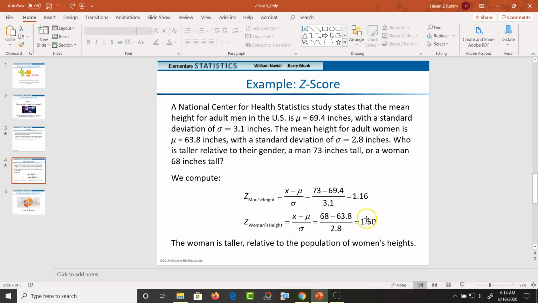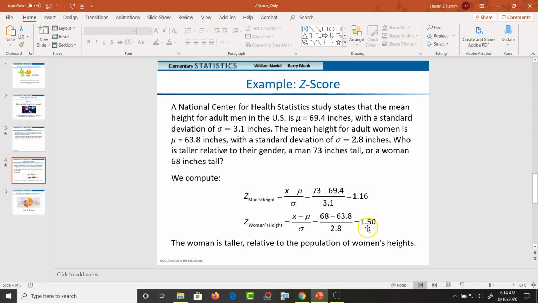So now we compare these two numbers. Previously, this 73 and 68, this was the apple, that was the orange. But now we have reduced the scores to z-scores, which are 1.16 and 1.50. It is not inches because inches has cancelled out. So who is relatively taller?